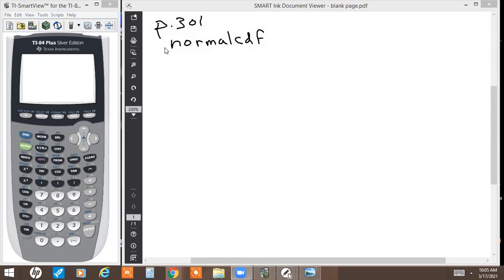We're going to do normal CDF, and then there's a parenthesis there, and then you're going to type in the lower bound, so the leftmost bound, right? And then you're going to do the upper bound. And then another comma, and then you're going to do mu, the mean of the distribution, and then comma sigma, the standard deviation of the distribution.